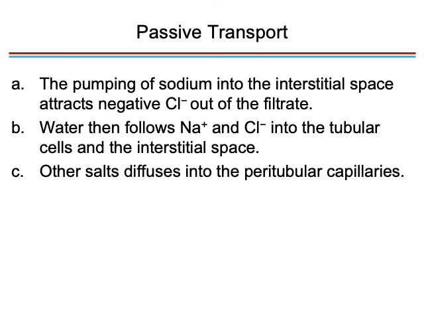Okay. So we had the active transport of sodium, the passive transport of water, and as water moves into the area, other salts and perhaps other materials, chemicals, will also diffuse, again passive, back into the blood as well.